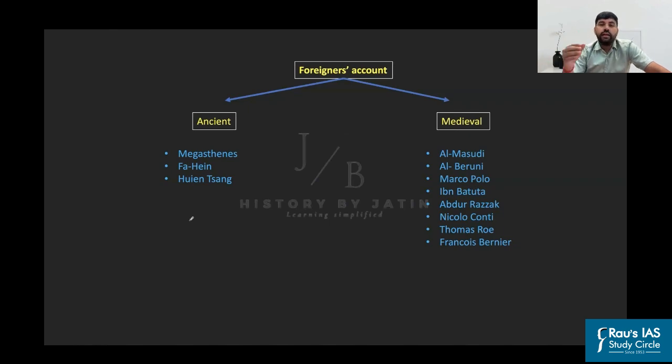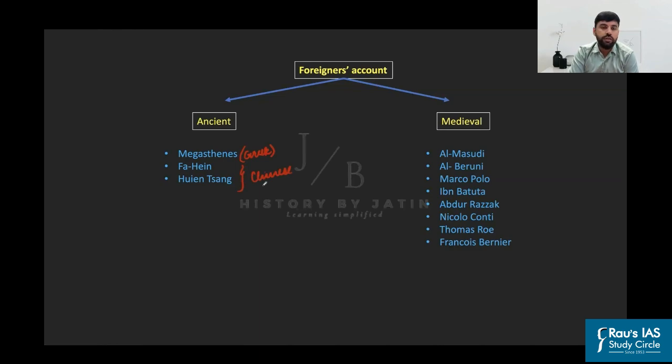Then for many years, no important personality came to India. Megasthenes wrote in the Greek language. I will tell you, this is Greek. These two are in Chinese, Mandarin. Then came Fayan during the Gupta period, the golden age of India.